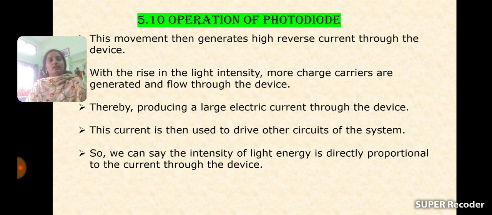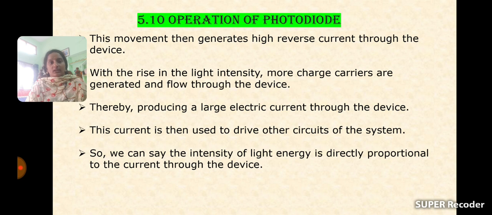With the rise in the light intensity, more charge carriers are generated and flow through the device. It means when light is incident on the junction, the temperature across the junction will be increased, and automatically the bonding between the negative acceptors and positive donors will be reduced.